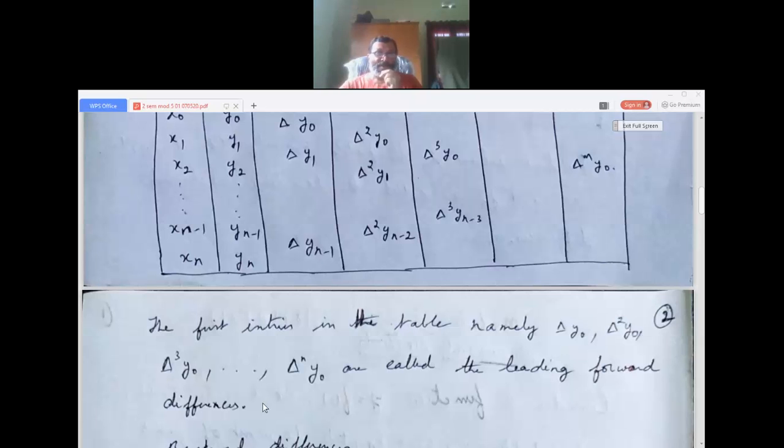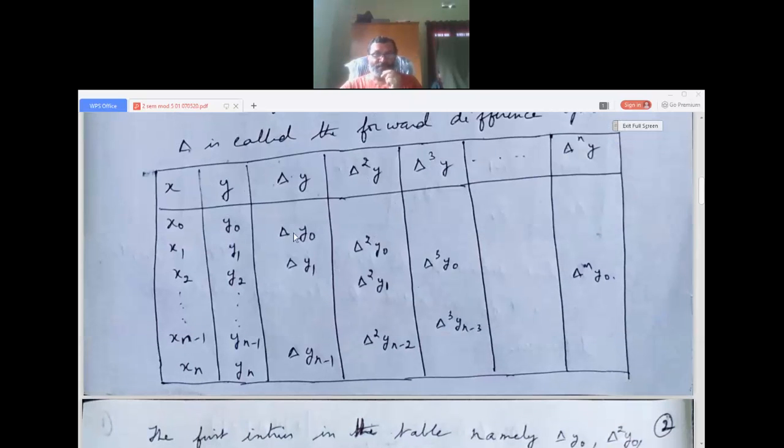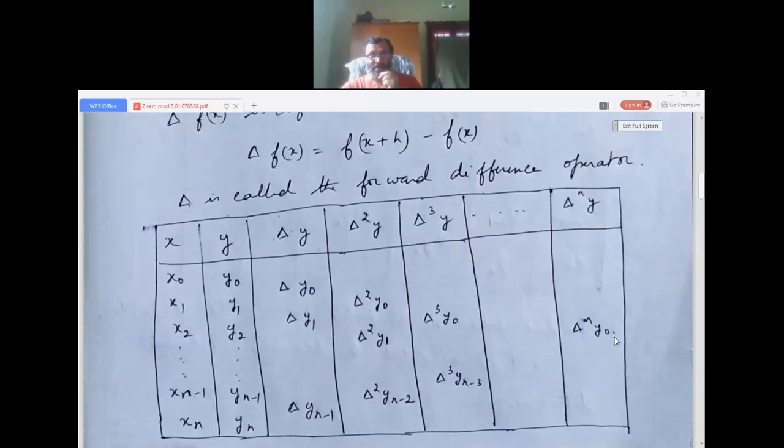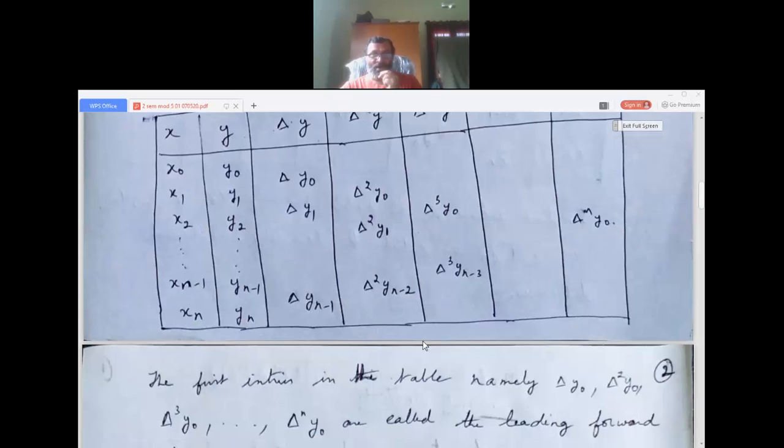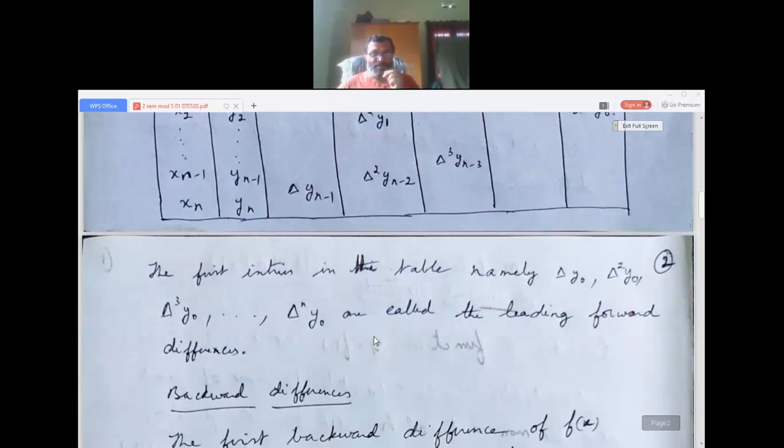You can see the diagonal here: del y0, del squared y0, del cubed y0, till del n y0. They are called the leading forward differences. I hope it is clear.